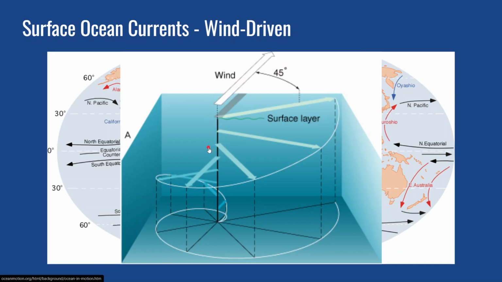And this is due to the Coriolis effect. And the net effect of this is that the current will tend to move roughly perpendicular to the right of where the wind is going.